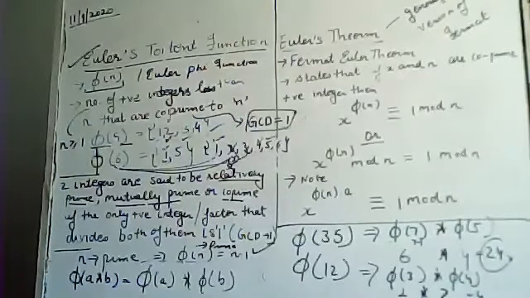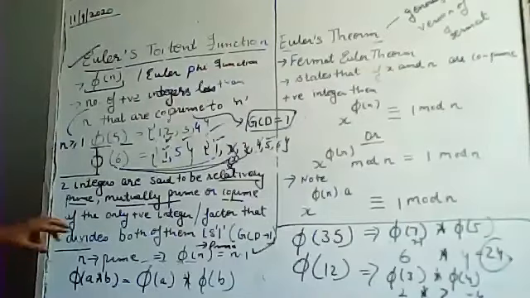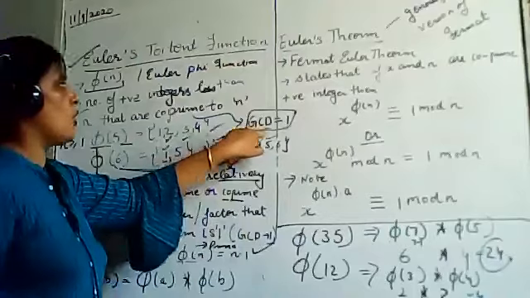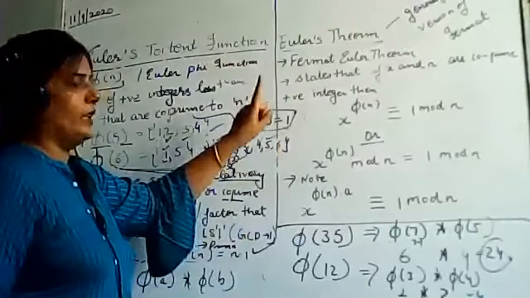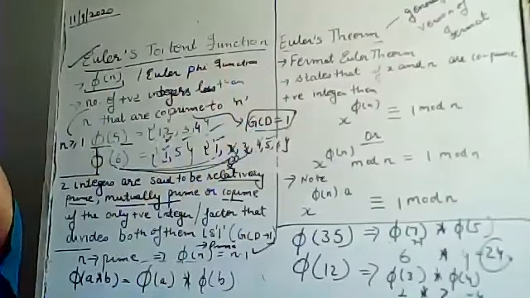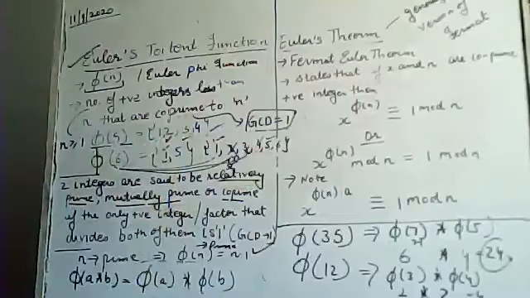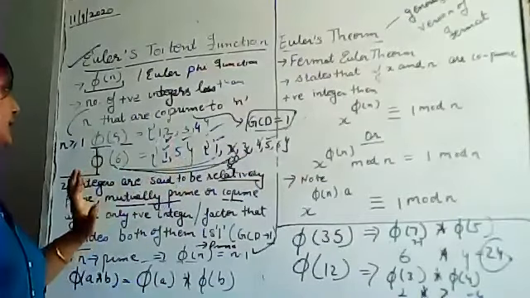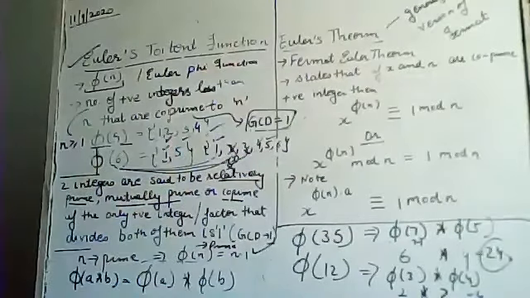Then we have 3 and 6: the value is 3. Again we will not include that, because we require the greatest common divisor to be 1 only. Again we have 4, which is not used here. And 5, we have a GCD of 1, so we will use that. And for 6, again we do not have a GCD of 1.